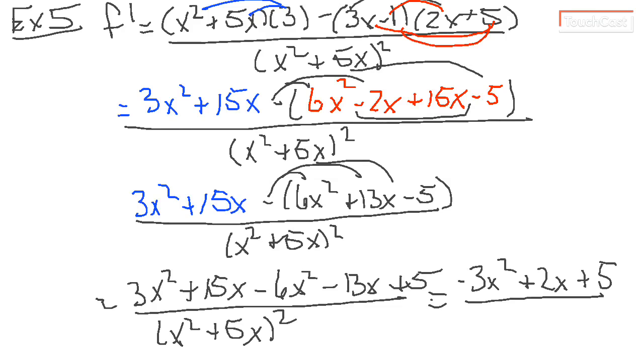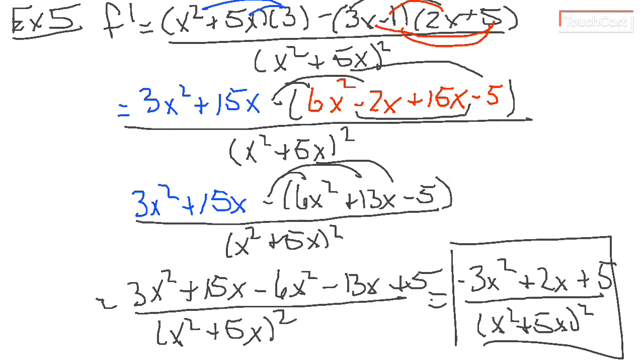We can leave that over x squared plus 5x quantity squared, and that is fine with me. If you want to multiply it out, we can do that as well. But I'm not going to worry about expanding mine out because they asked us to do one other thing in this example, and that's write the equation of the tangent line at the point negative 1, positive 1.